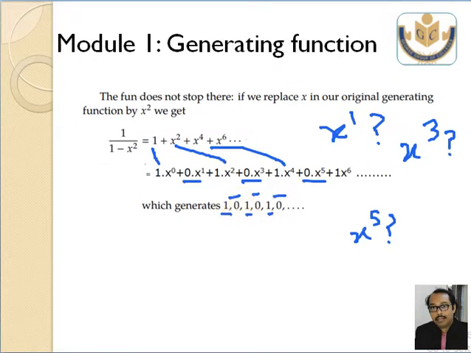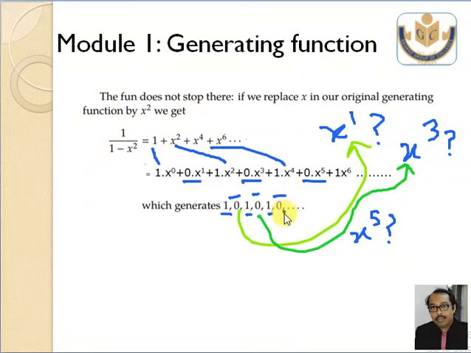Now this 0 means x to the power 1, this 0 means x to the power 3, and this 0 means x to the power 5. So the sequence is 1, 0, 1, 0, 1, 0.